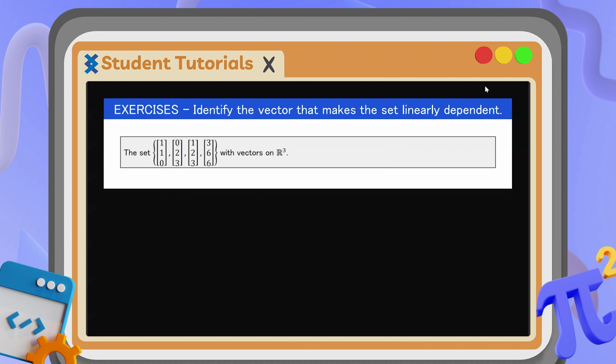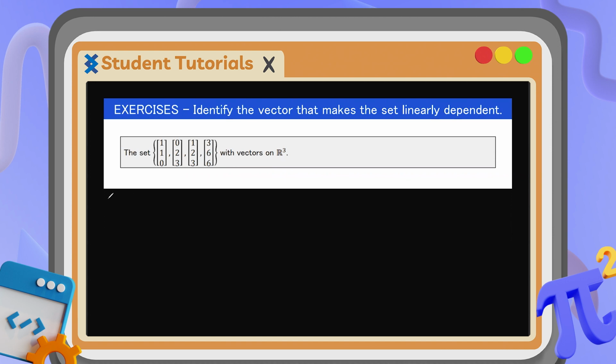For the next item, we have a set of vectors in R3, and we want to find the vector that makes it linearly dependent. We know that this one is already linearly dependent, and we have to find which specific vector is a linear combination of the other vectors.